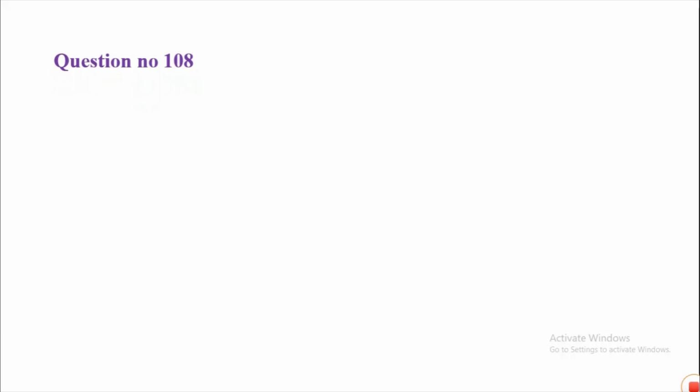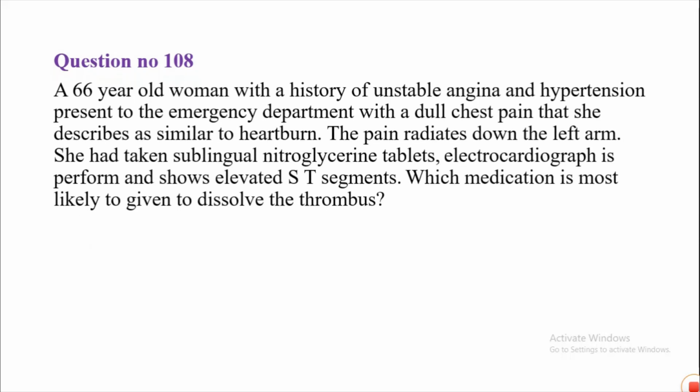Question number 108. A 66-year-old woman with a history of unstable angina and hypertension presents to the emergency department with a dull chest pain that she described as similar to heartburn. The pain radiates down the left arm.